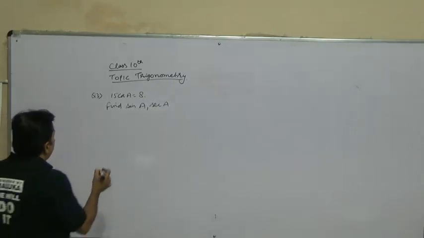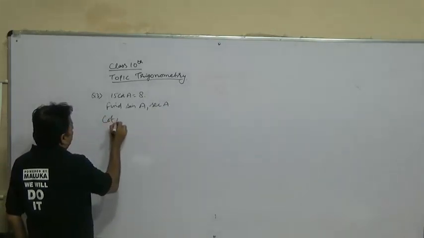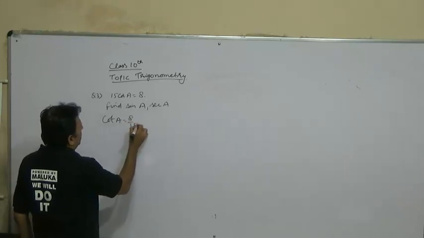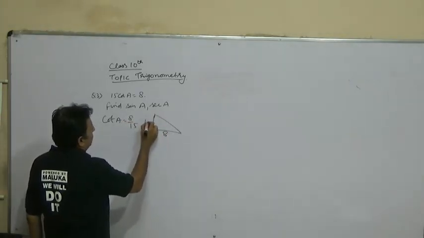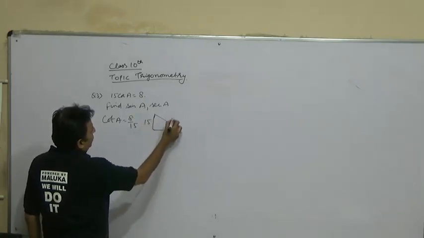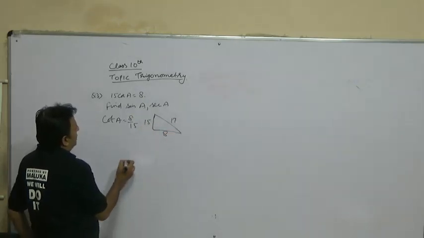What is cot A? Cot A here is 8 by 15, and if in a triangle we find this will be your 8, this will be 15, and this turns out to be 17.